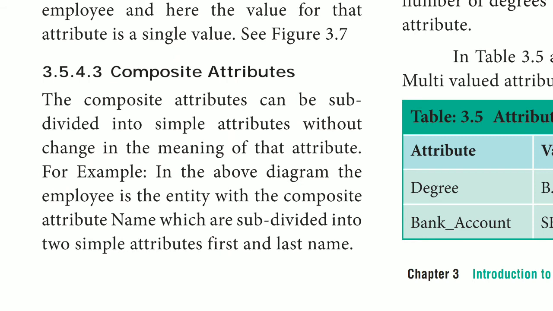First name and last name are the two simple, single valued attributes, combined together to form a single attribute which is known as name. So here this name is a composite attribute.